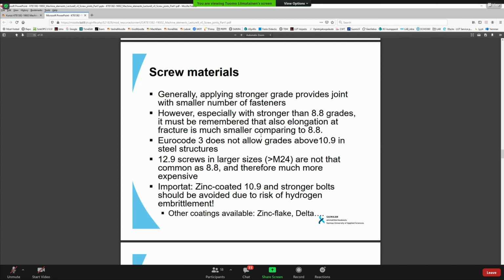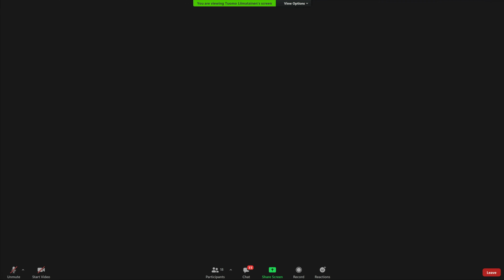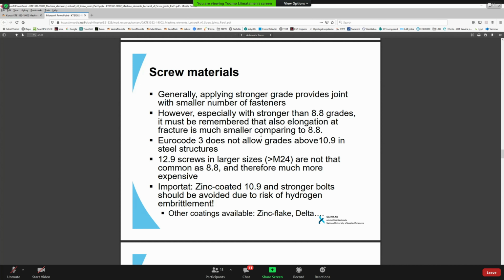Another point about why not to use high strength is that if you go especially to 12.9 grade screws, and especially to very large sizes like more than M24, they are not that common and much more expensive. They can be really expensive. Otherwise, screws are fairly inexpensive all the way to the range of, I would say, M40. 8.8 in the range of M40 is still quite reasonably priced.